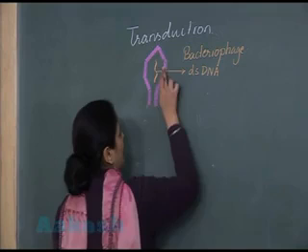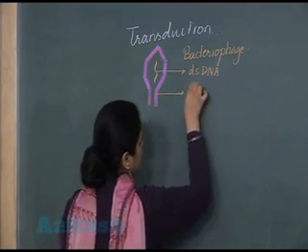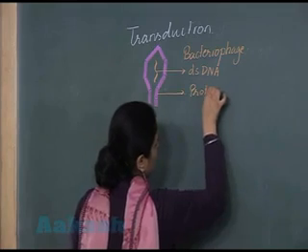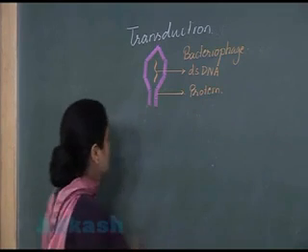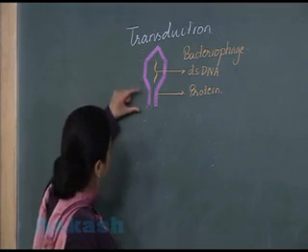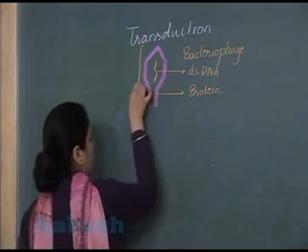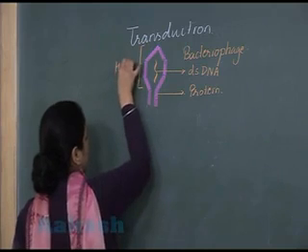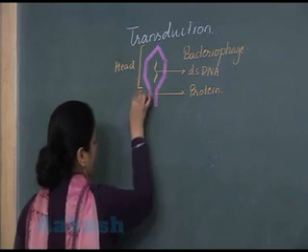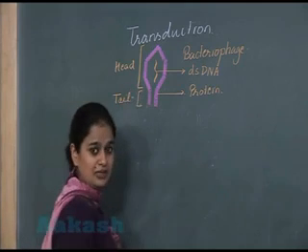Around this double-stranded DNA is the proteinaceous covering. This part of the covering is known as head, and this part is known as tail.